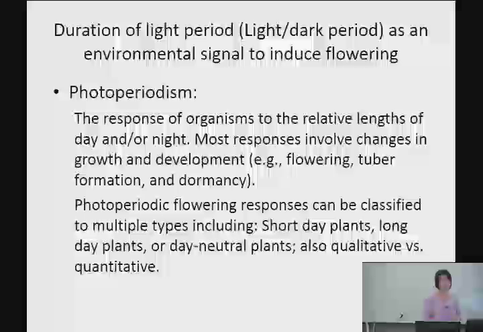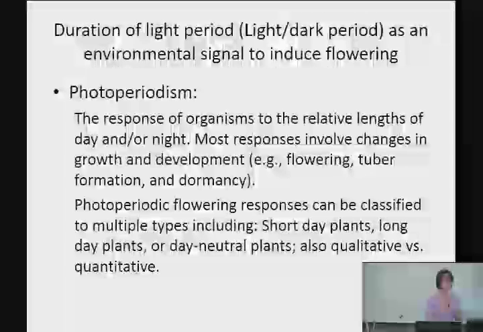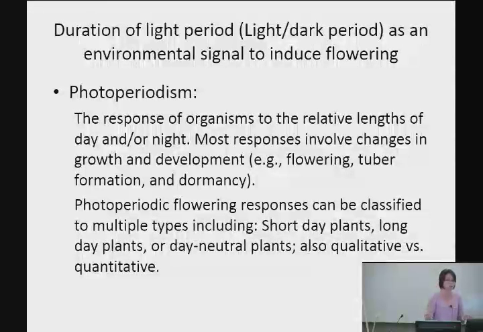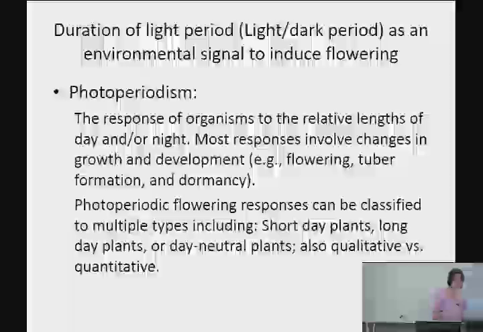And also dormancy, going into dormancy, which is not just a photoperiodic response, but also a combined effect of temperature and photoperiod. So there are multiple very important key plant responses triggered by photoperiod.